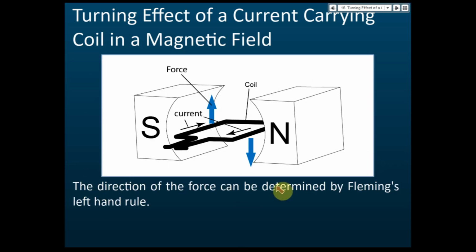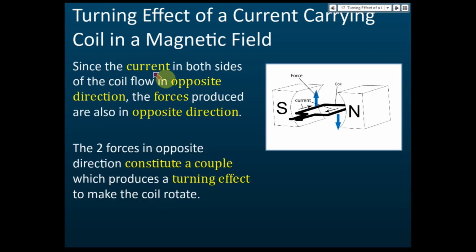The directions of the force can be determined by Fleming's left hand rule, because sometimes they may ask you to find the direction of rotation, whether it's clockwise or anti-clockwise. So you can use Fleming's left hand rule to find the directions of the force, as I showed you just now. Since the current in both sides of the coil flows in opposite directions, the forces are in opposite directions.